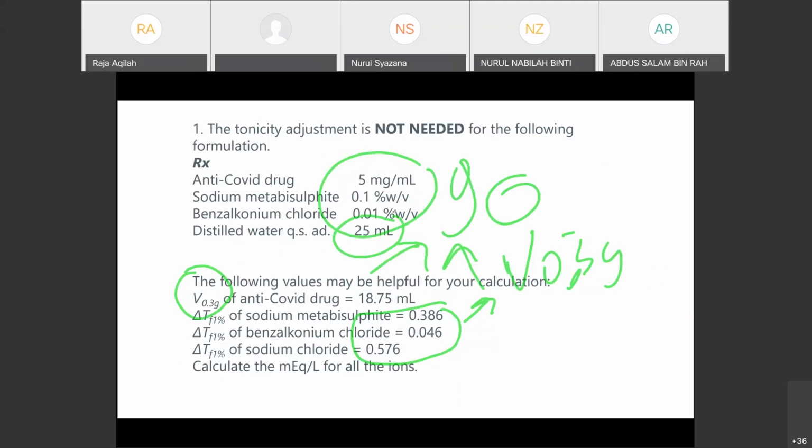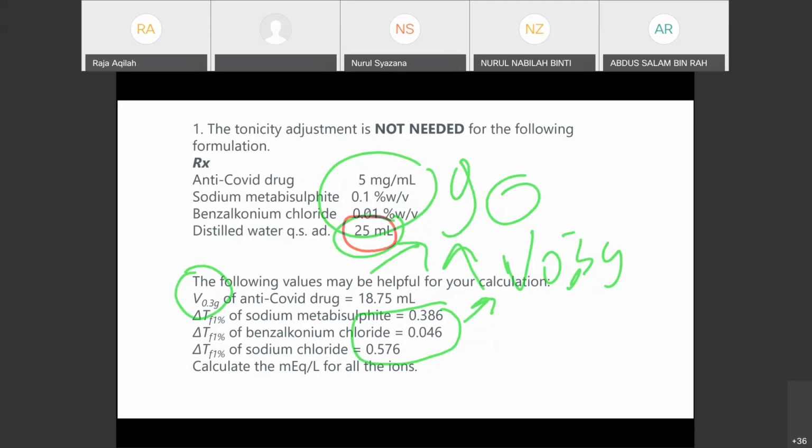So it depends on the methods. In this case here, you don't need to follow exactly 25 mil. The 25 mil here is just a value to confuse you. So you need to know whether each of the values mentioned here is important or not for you to calculate.